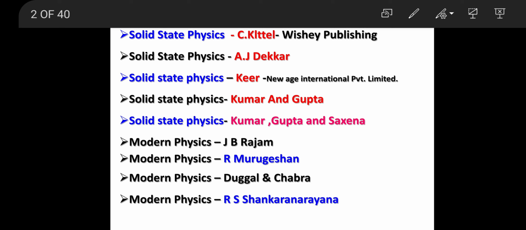And of course, solid state physics is nowadays called condensed matter physics, after the revolutionary and innovative techniques of nanoscience and nanotechnology. Condensed matter physics is a specialization.